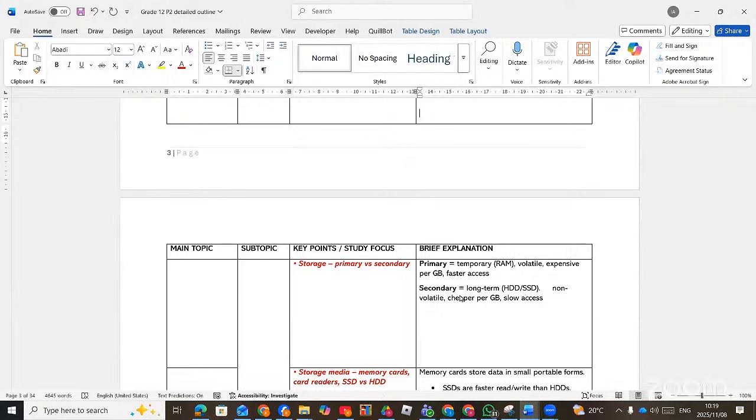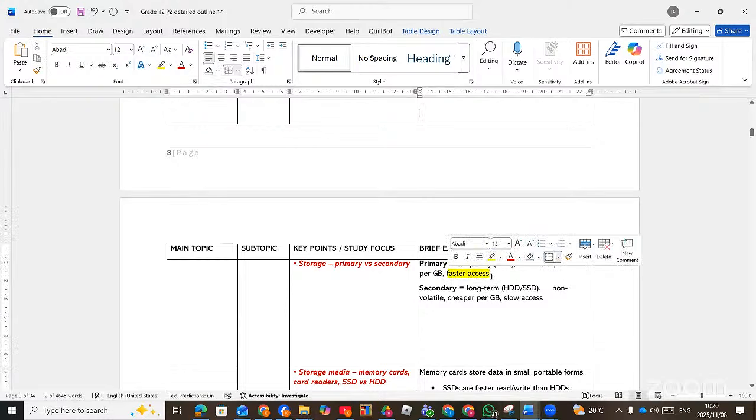So hence we say it's more expensive per gigabyte than the storage. In terms of the access of the files or data, the RAM is faster as compared to the secondary storage. Please make sure you don't say just faster. Hence, I put it here as faster access of files.